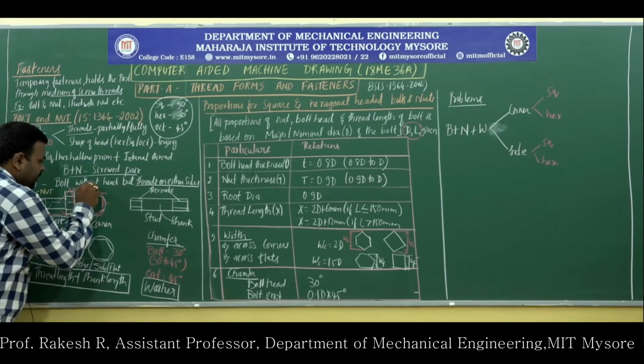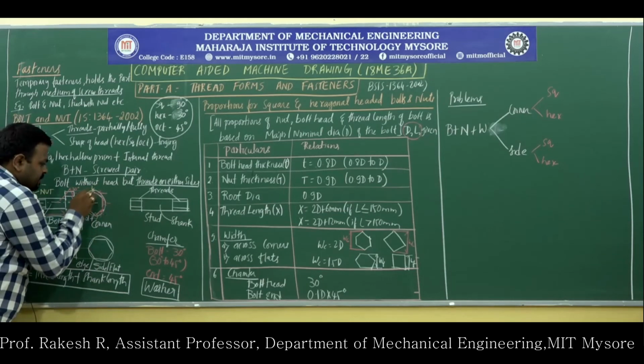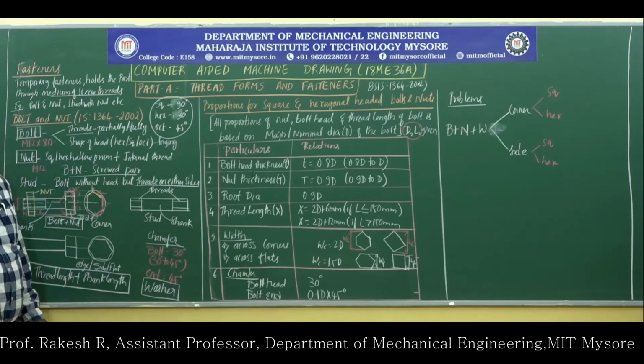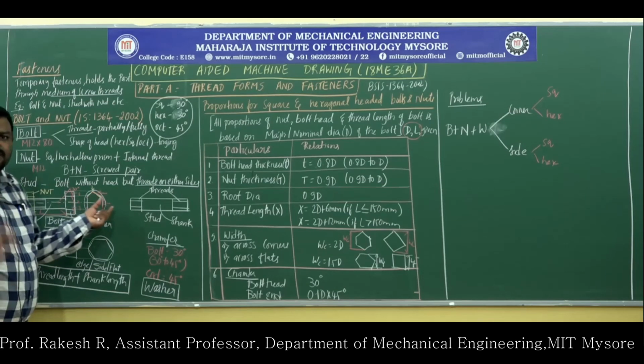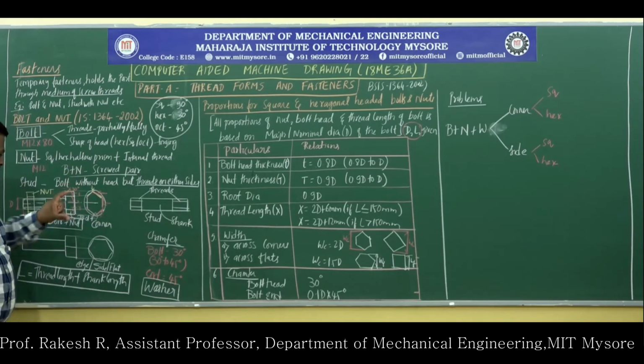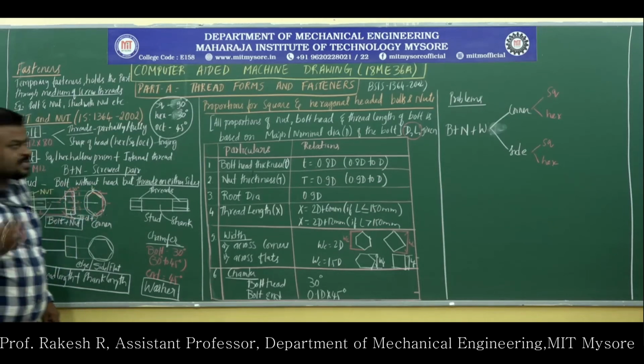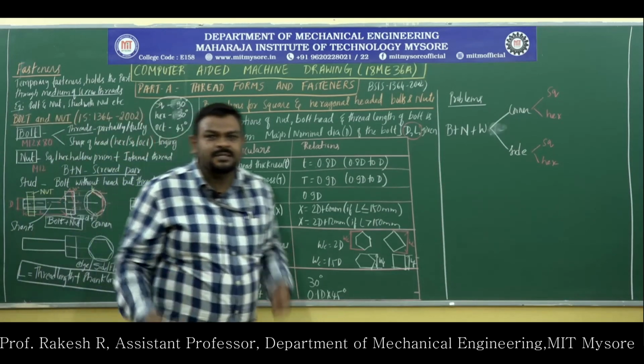If you are looking from the top, 2 faces are visible. That's all. If you are drawing a hexagon in front view, you have to draw 3 faces. If you are drawing a hexagon in top view, 2 faces. Similarly for square, how many faces are visible?